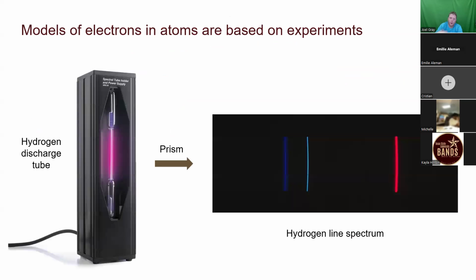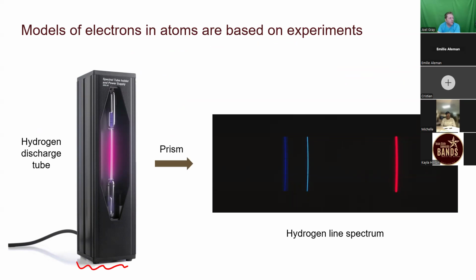Now, what ultimately has a huge impact on the functionality of an atom and basically how something behaves is the electrons. So this is kind of a classical experiment. This piece of instrumentation right here is a spectral tube holder and a power supply.